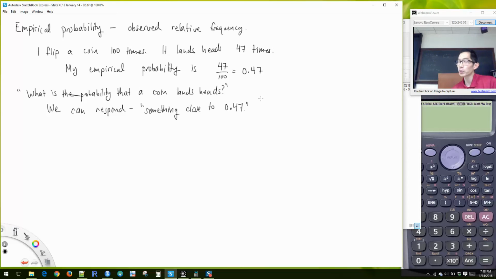But perhaps we have a good way to simulate this thing, okay? Or a good computer device or something, or even just running surveys and things like that.